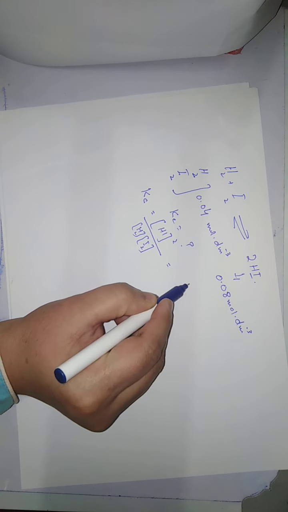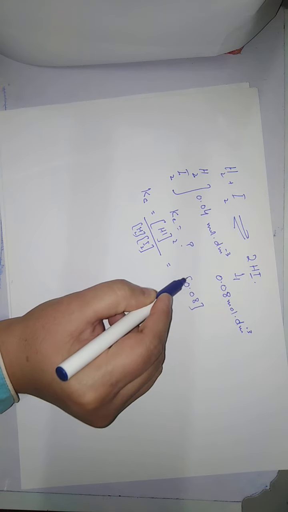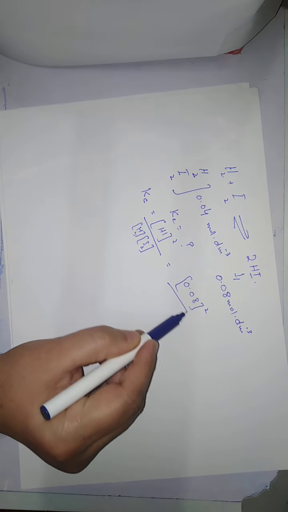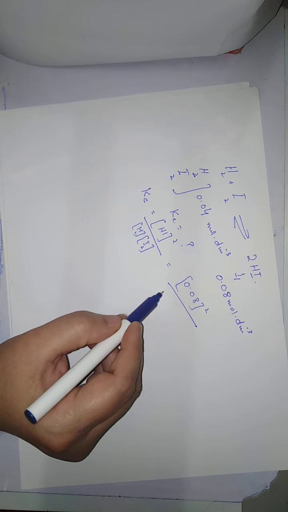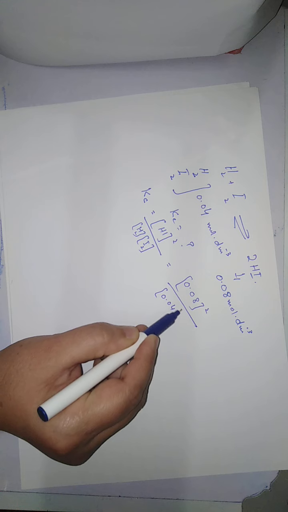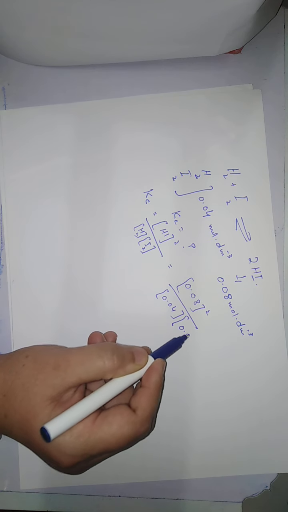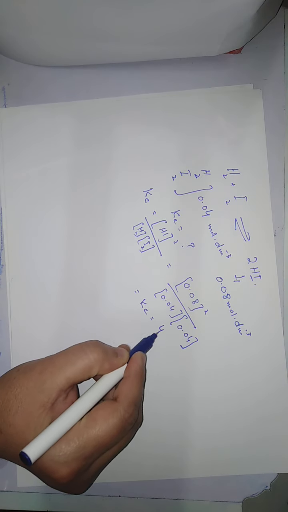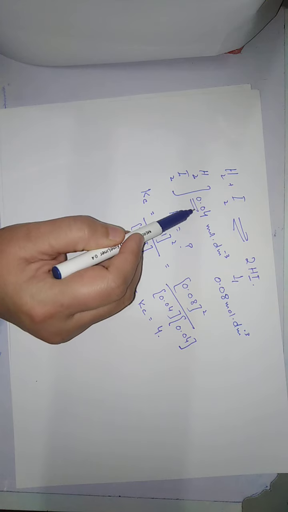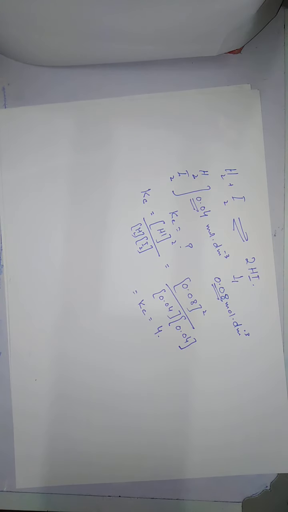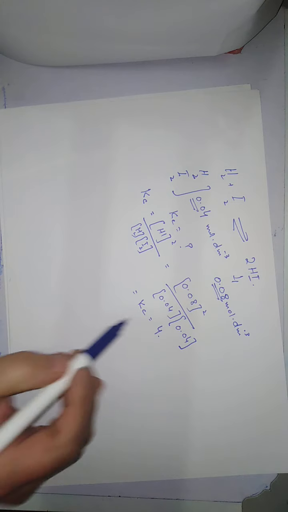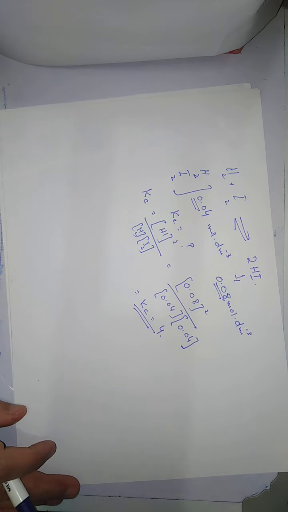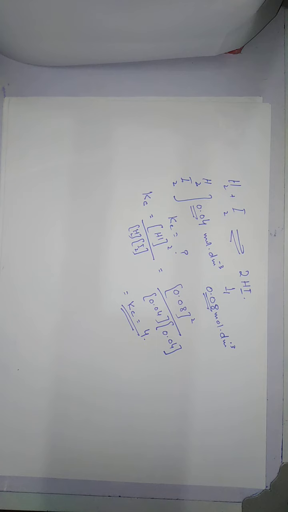Hydrogen iodide 0.08, hydrogen 0.04, iodine 0.04. If we calculate it, then the value is equal to 4. So if we know the concentration of the reactant substances, we can find out the equilibrium constant for a chemical reaction. Thank you.